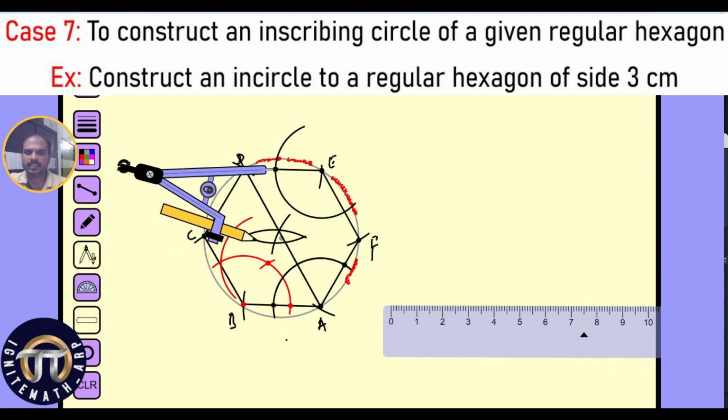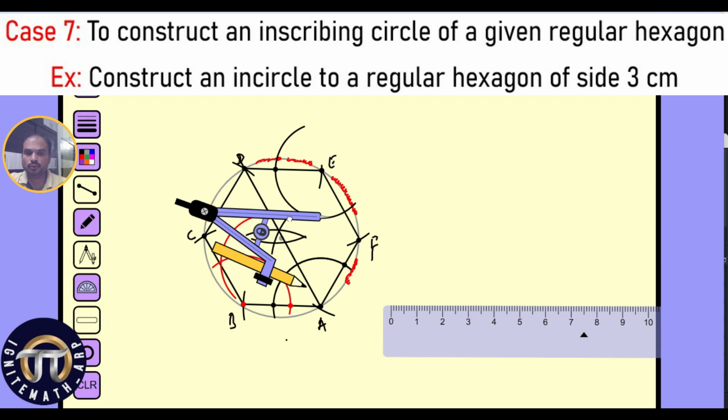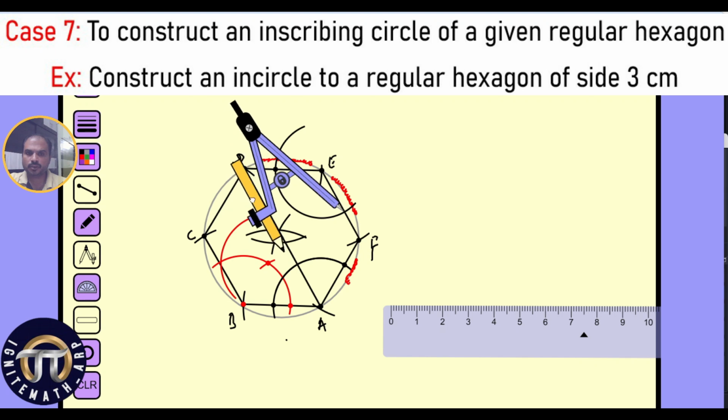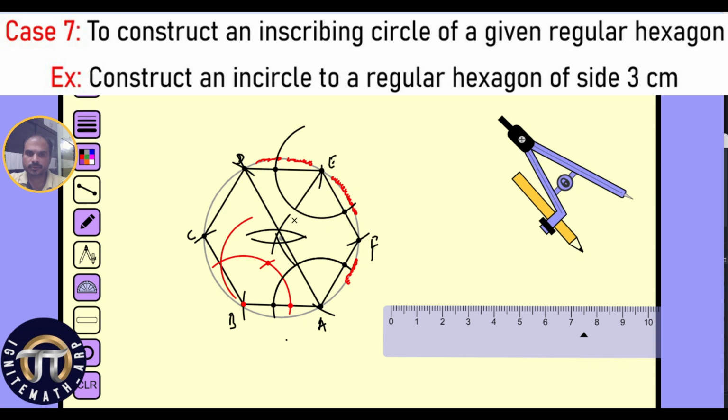The only thing I suggest is that you should not get confused about which arc belongs to which angle. So soon after drawing the arc, make sure that you are bisecting it. So this is the bisector.